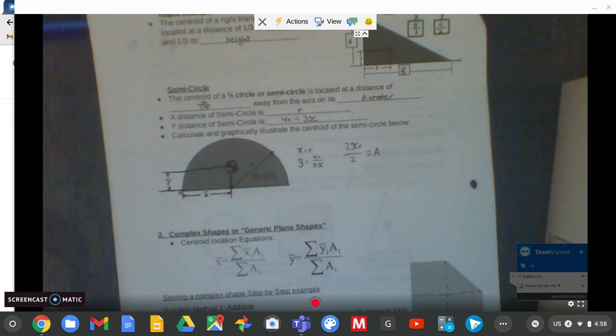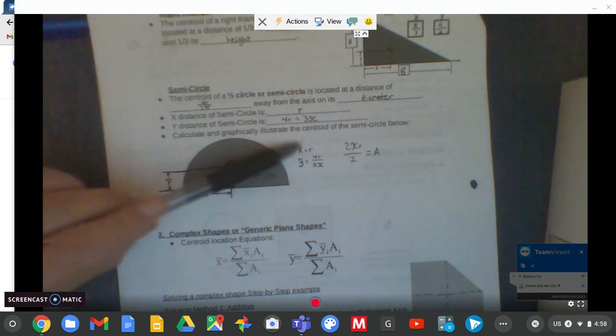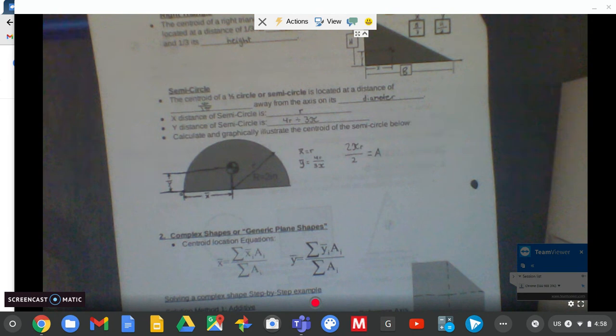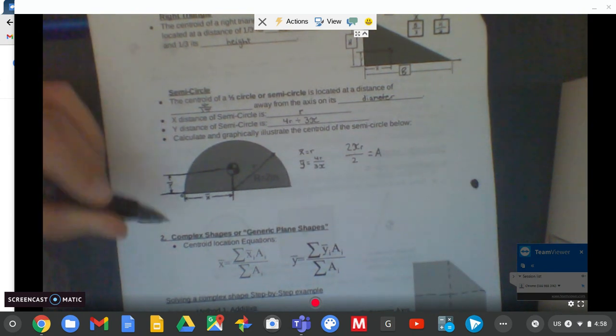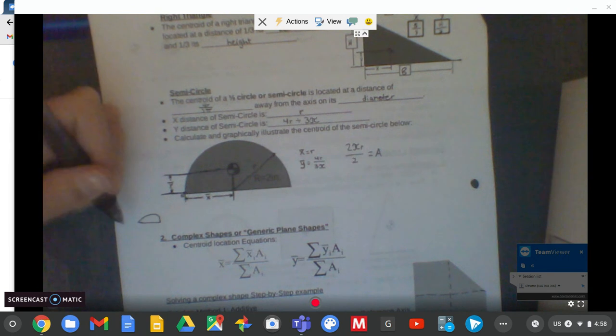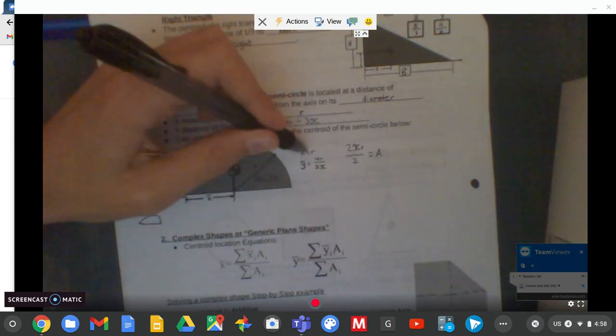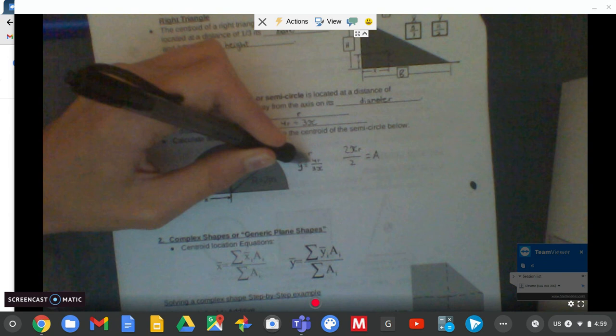Then to find the centroid, it's a little bit complicated for this one. It depends on which way the semicircle is orientated. If it's like it is right there, with the flat side down, then to find the x, you just use the radius, and for the y, you do 4r divided by 3 pi.